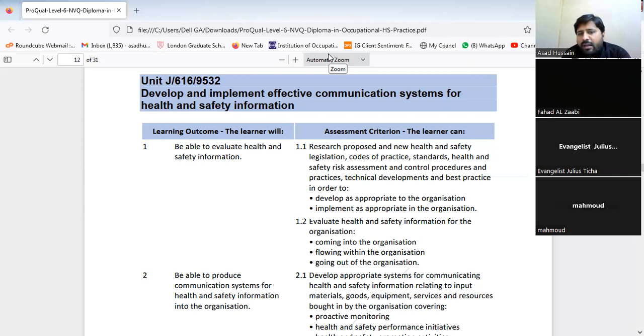Secondly, with some activities, information is flowing, moving here and there. And the last one is going out of the organization, that we are giving something in the form of output. Coming into the organization are the sources of information I discussed above, coming from authentic sources. Flowing within the organization will be toolbox talks, discussions, and training sessions.